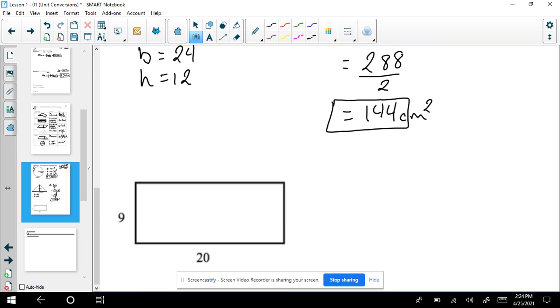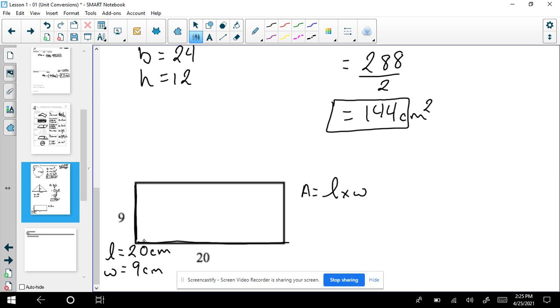Okay, and now I have a rectangle. So the area equation for my rectangle is area equals my length times my width. Now my length, I'm just going to do it over here, is equal to 20 centimeters, and my width is equal to 9, so I would do W equals 9 centimeters.